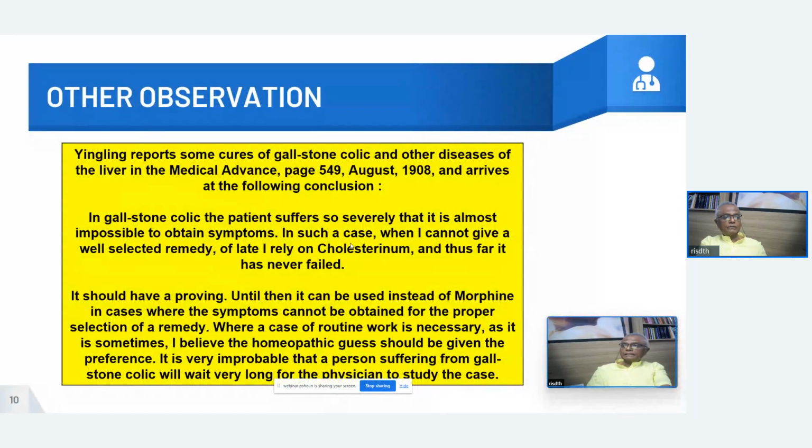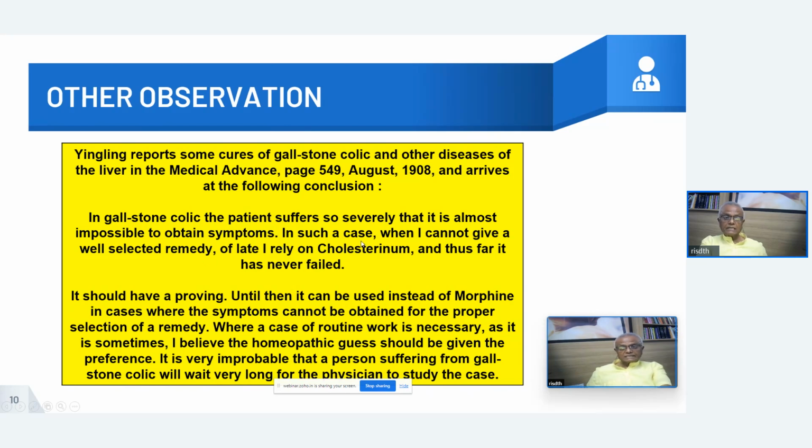Then other observations about this medicine: England reports some cures of gallstone colic and other diseases of the liver in the Medical Advance, page number 549, August 1908, and arrives at the following conclusion: in gallbladder colic, the patient suffers so severely that it is almost impossible to obtain symptoms.